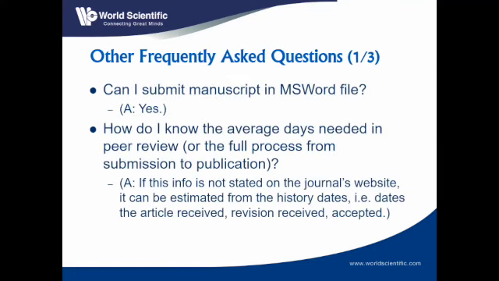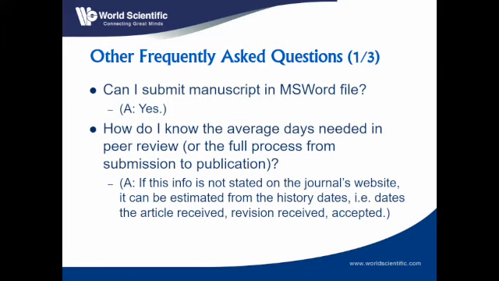Yeah, there are some frequently asked questions. Can I submit a manuscript in a Microsoft Word file? Yes. And do I know the average days needed in peer review, or the full process from submission to publication? Some journals will put this info on their website, telling you the average time for peer review.